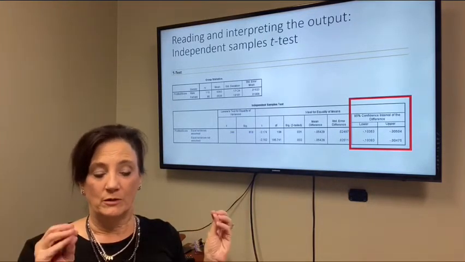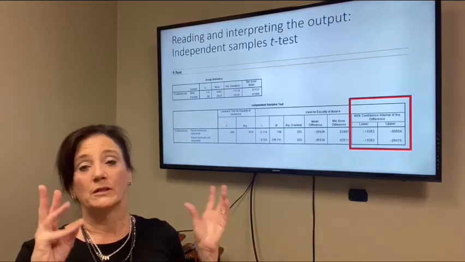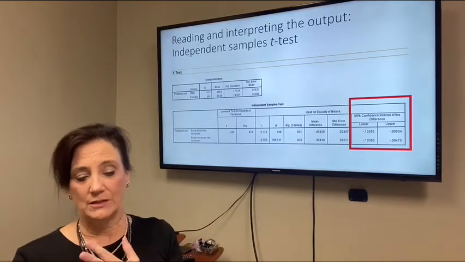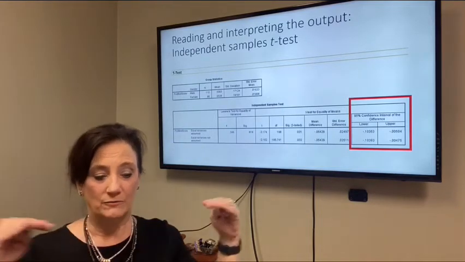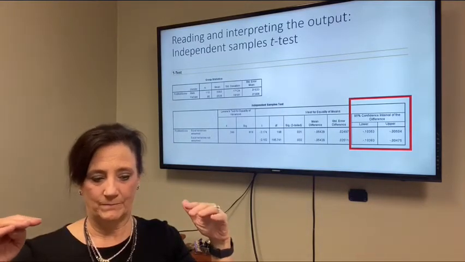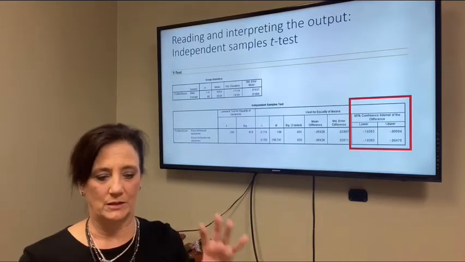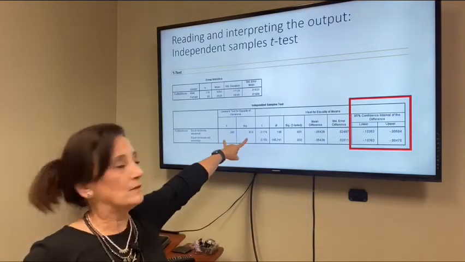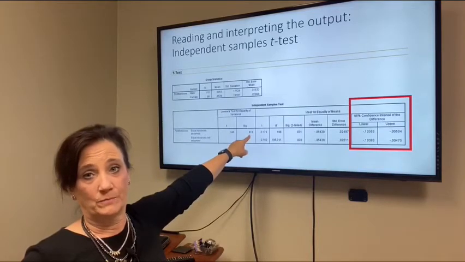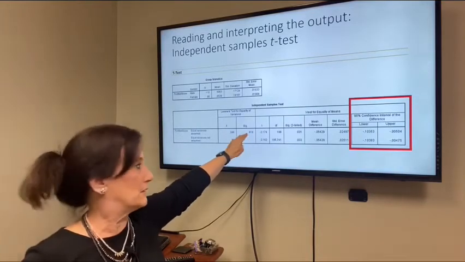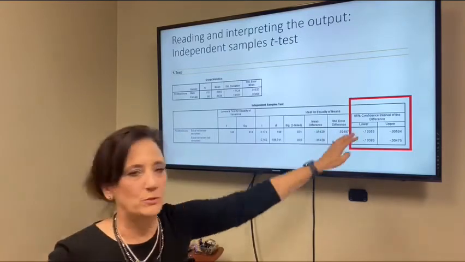Then you will report the appropriate t-value, degrees of freedom, significance, and confidence interval for the test. And I say the appropriate one because remember it depends on whether homogeneity of variance was significant or not. In this case it was not, so we're going to report that first line.